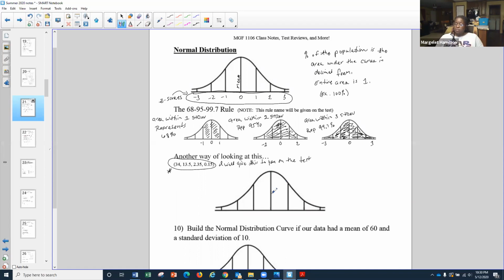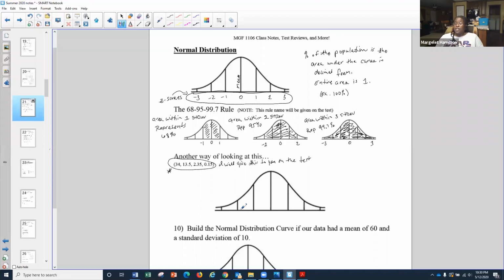So you have 34% here and 34% here, and that represents your 68% of your population. That's all we did. We just simply found the percentages for each one of these areas underneath the curve. I'm not going to ask you to do this because we've already done it for you. Remember, it's symmetrical, so I'm only going to give you half of the curve, and then you'll know that the other half is exactly the same.